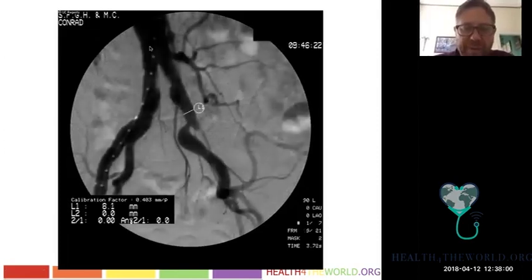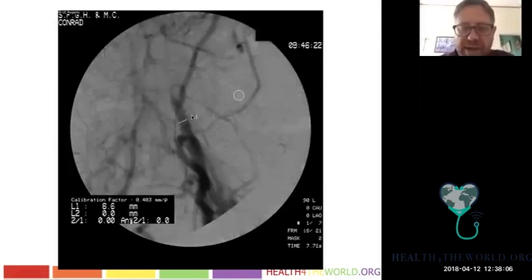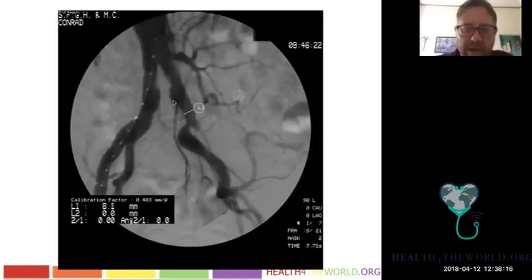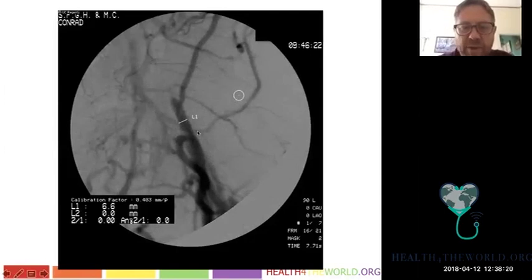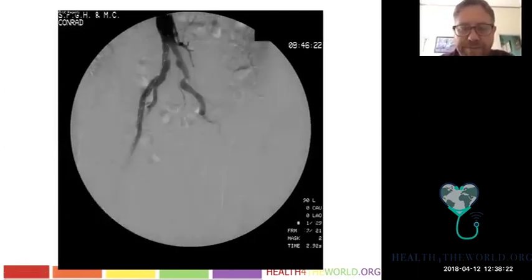If I've shot from above with a pigtail and contrast is directed down, I can also do angiograms from below, which is what we've done here. And we see all these collaterals. This is the bottom of the external iliac artery, and this is the top. So we have a segmental occlusion of that vessel. Here it is. Let's look at it again.